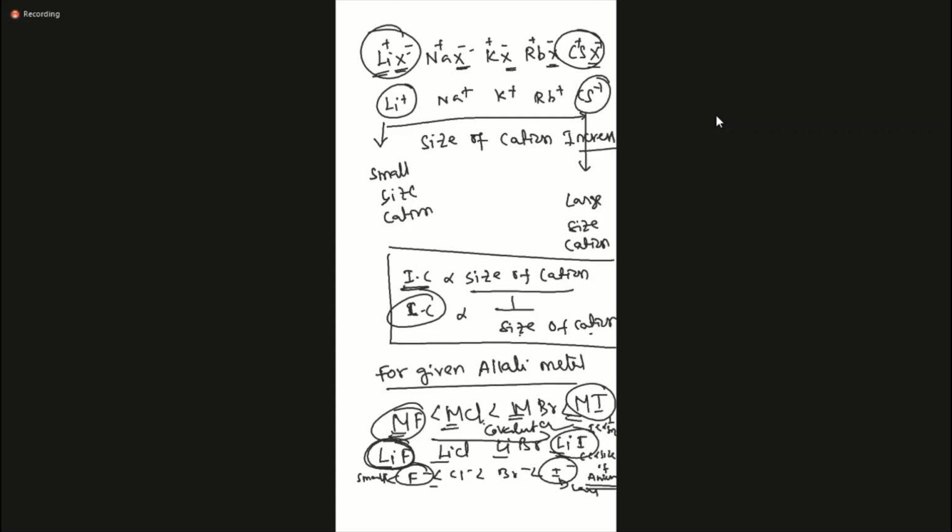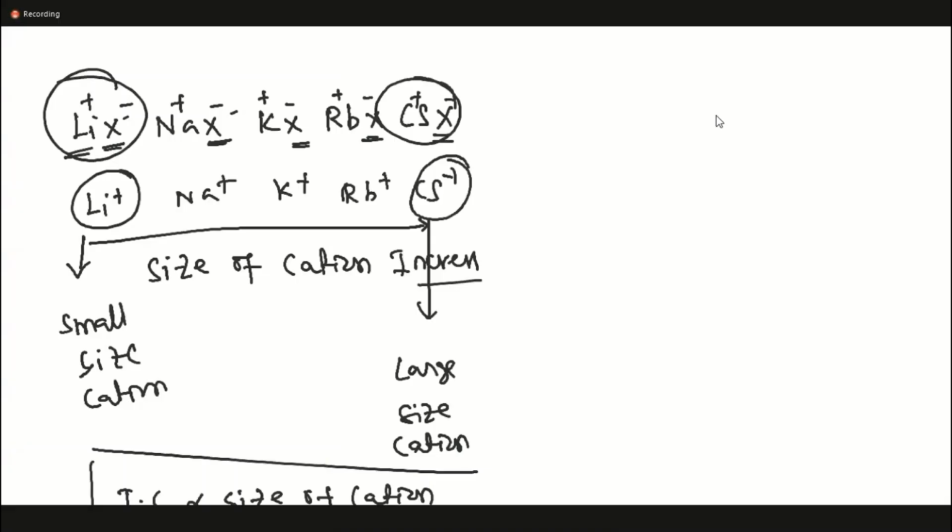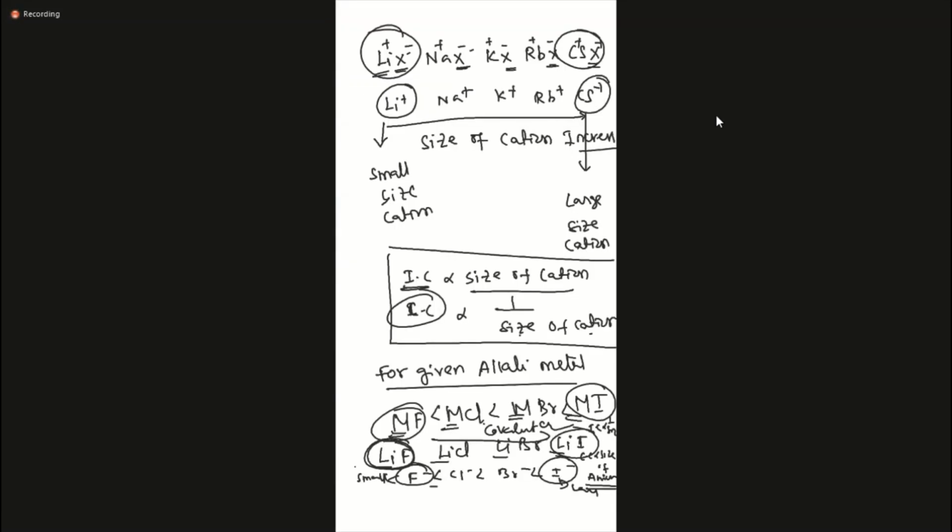Is it clear? Please respond. Hello. Yes, sir. If you have any doubts, I will take one more example. Can I take one more example? Yes, sir. Yeah, I will take one more example now.